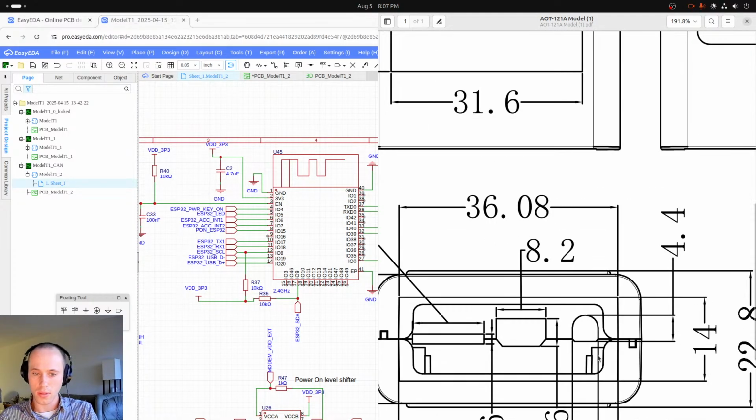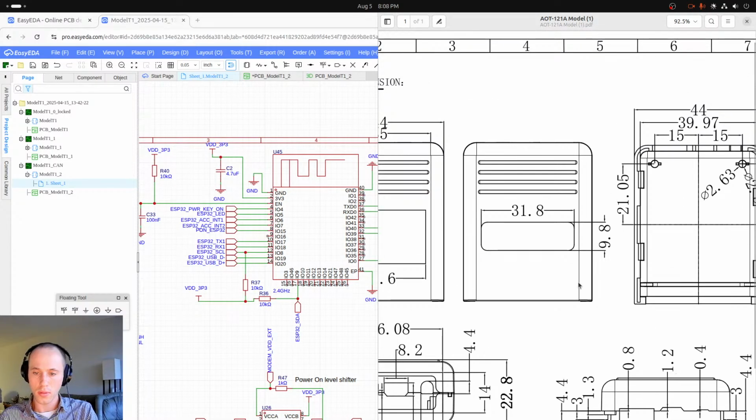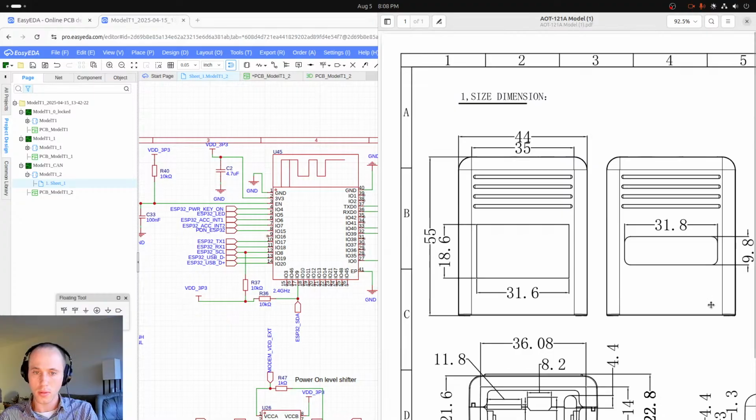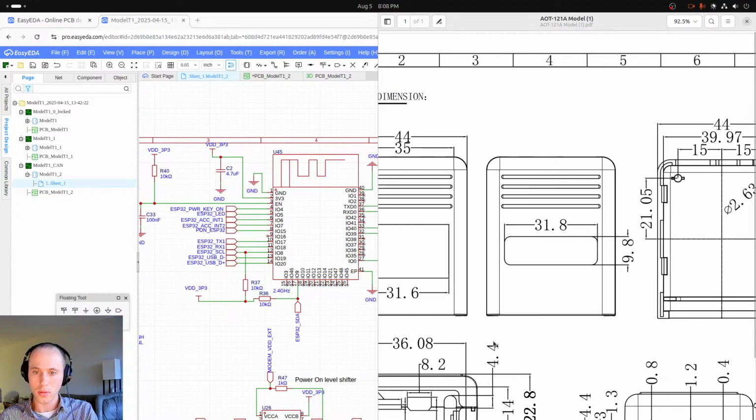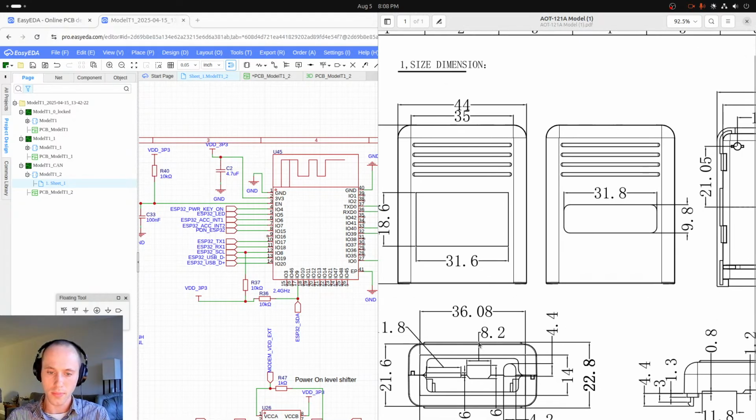What is this? Yeah, so SIM card, USB, power jack. I think that's what that is. Power jack.